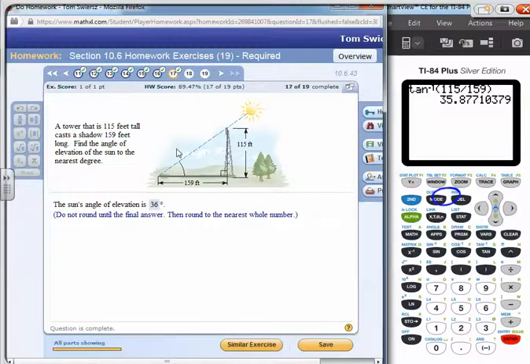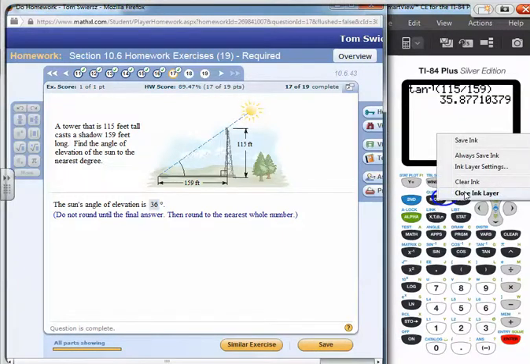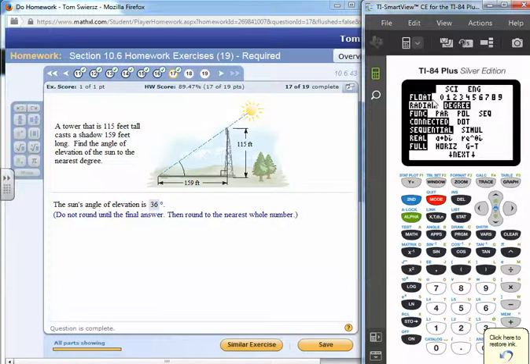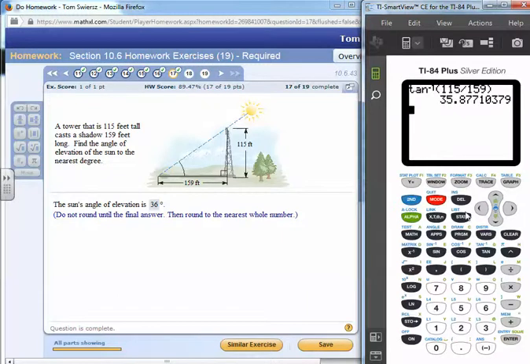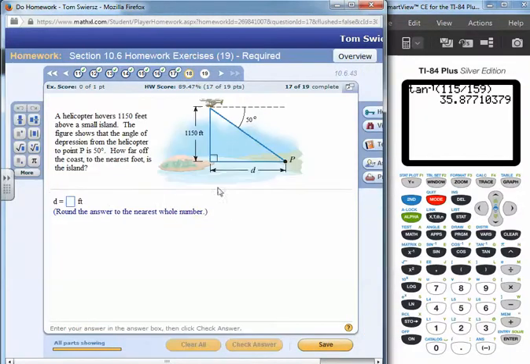Go down, highlight degree, and hit enter. Then you hit second mode to quit, and then we use the tangent inverse, which was second tan, because tangent inverse is in blue. Whenever you need to find the angle, you do the second and then the sine, cosine, or tangent key. All right, very good. Number 18.